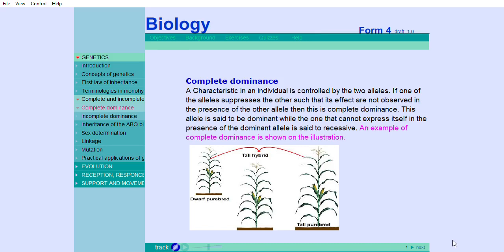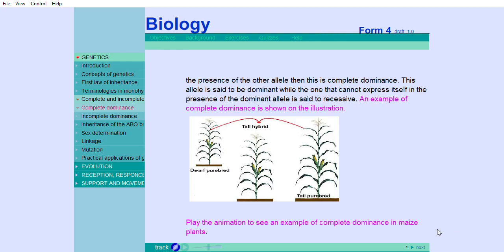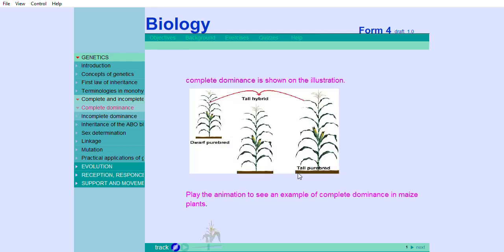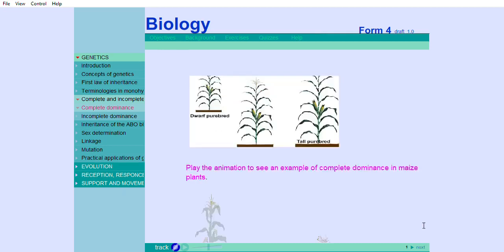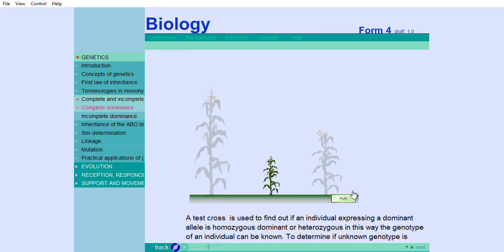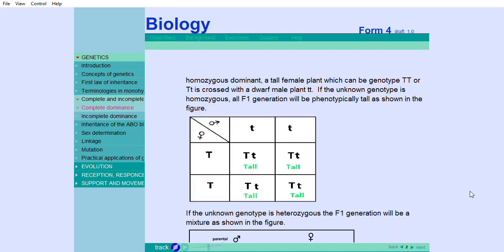An example of complete dominance is shown in the illustration. Play the animation to see an example of complete dominance in maize plants.